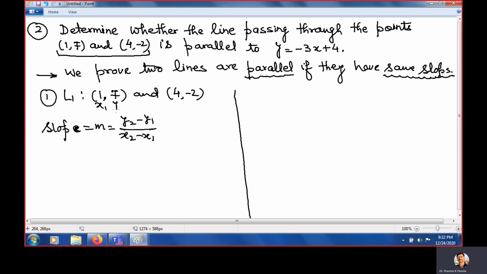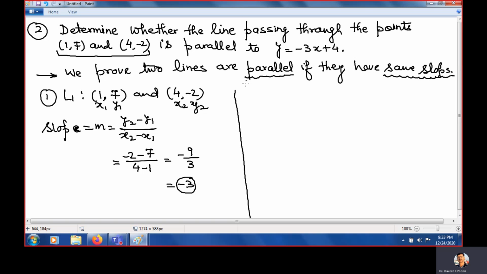Let this be x1, y1 and this be x2, y2. So y2 is minus 2, y1 is 7, x2 is 4 and x1 is 1. So minus 9 upon 3, that is minus 3. So the slope of the line passing through the points 1, 7 and 4, minus 2 is minus 3.